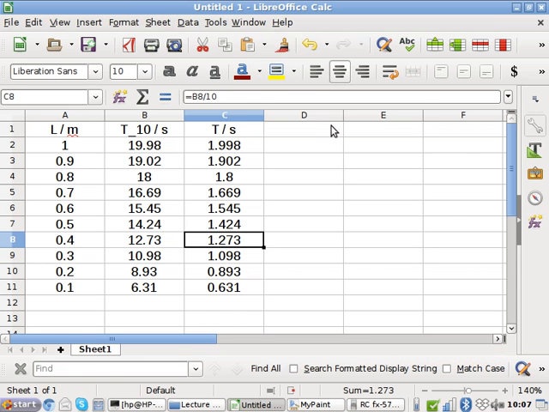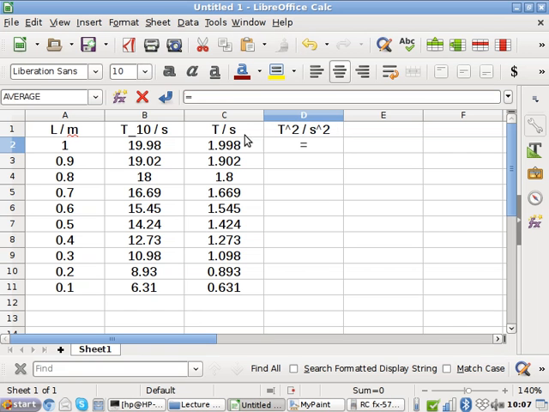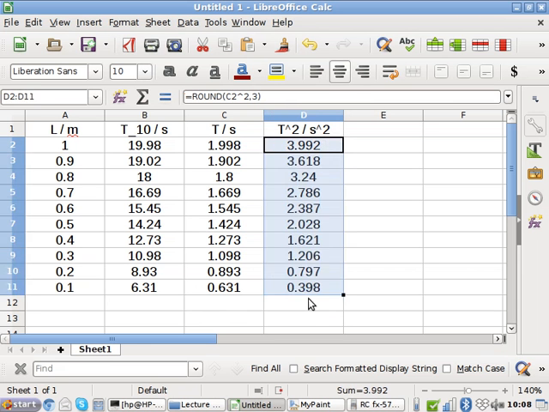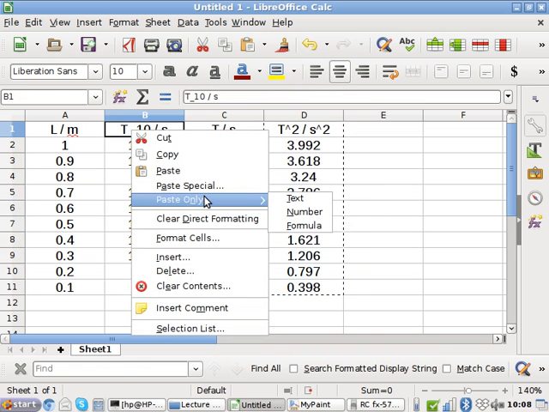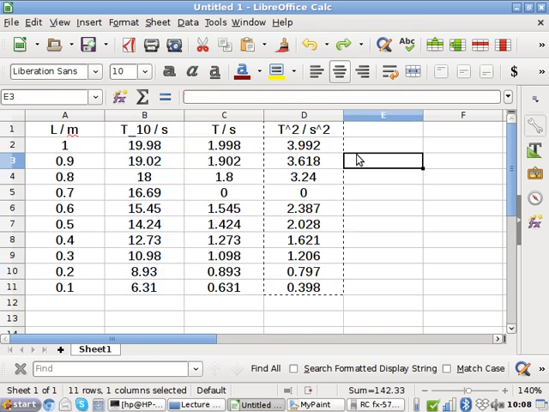T squared. So now, t squared in seconds squared will be this squared. That's a bit too much, let's put it to, I don't know, 2 decimal places, I think. No, that's not enough. Yes, maybe 3. Okay. There we go. So this is what we'll need to plot in a moment. So let me just copy this, put it here, paste numbers. Oh, no, go back.